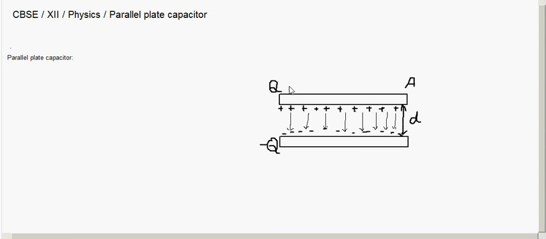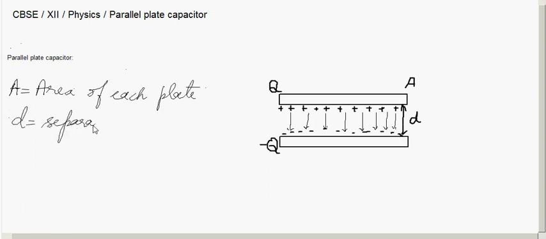We considered a parallel plate capacitor, or two parallel conductors, separated by a small distance d, and we took A as the area of each plate, and d as the separation between the plates. And Q and minus Q are the charges on the plates respectively.